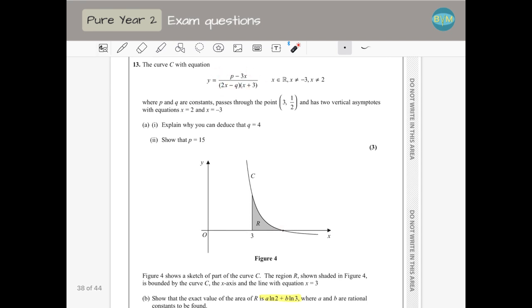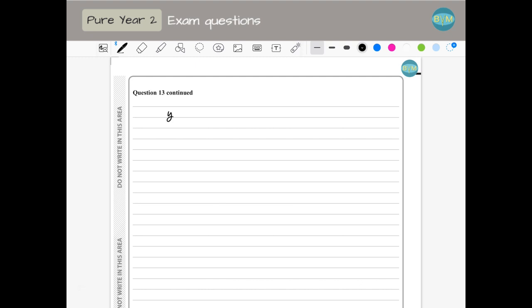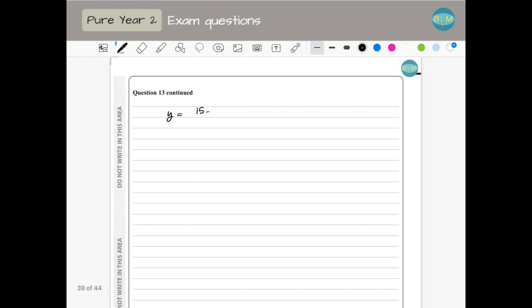This point is the root of this function, so we are going to find that first. And we know that p is 15 and q is 4. So the root is going to be when this function is 0. 15 minus 3x divided by the denominator is going to be 0.